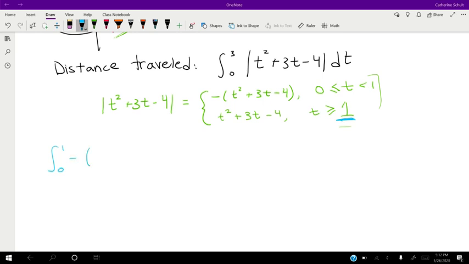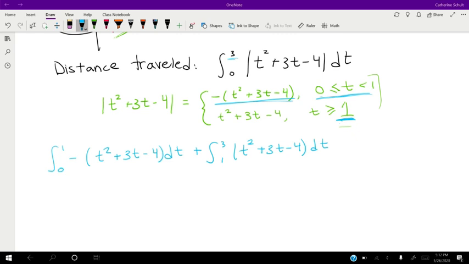So from 0 to 1, it's going to be the negative velocity function. Okay, and then from 1 to 3, it'll be the normal function. Okay, so there you go.